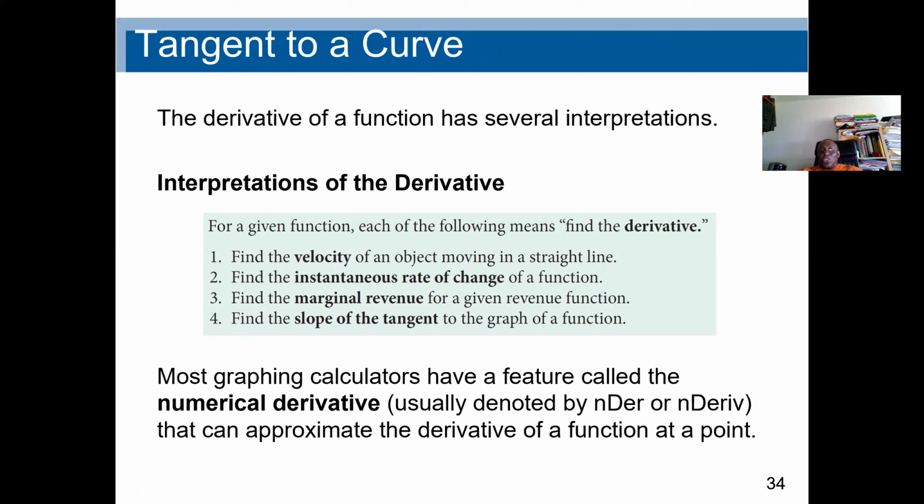So if a question says an equation is given, find the velocity of an object moving in a straight line, or find the instantaneous rate of change of a function, or find the marginal revenue for a given revenue function, which is again a derivative. The slope of a tangent is also a derivative. So these four types of questions always mean we find the derivative of their functions.